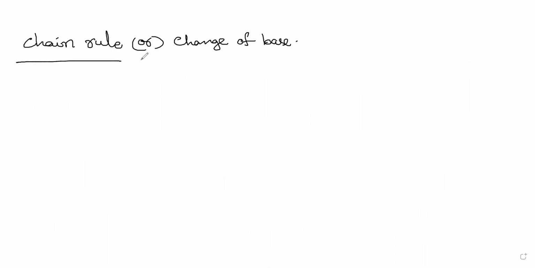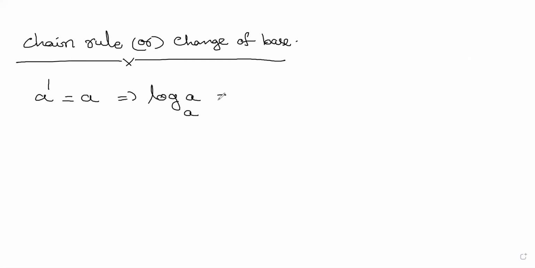Now, before this, I'll tell you something. We know a power 1 is equal to a. So I can write log a to its own base is always 1. Log a to the base a is always 1. Next one is a power 0 is 1.